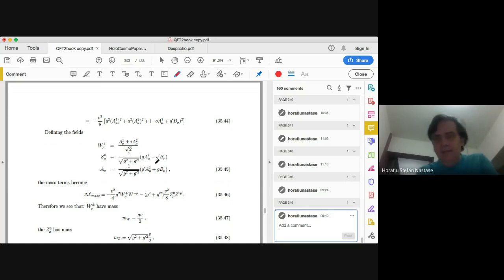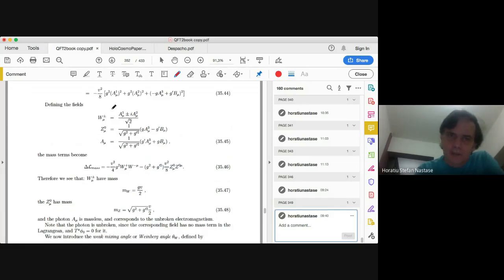And then the unbroken one will be the one with plus in here, and this will be A mu. That will be the unbroken electromagnetism that is left over from the symmetry breaking of the electroweak SU(2) cross U(1).